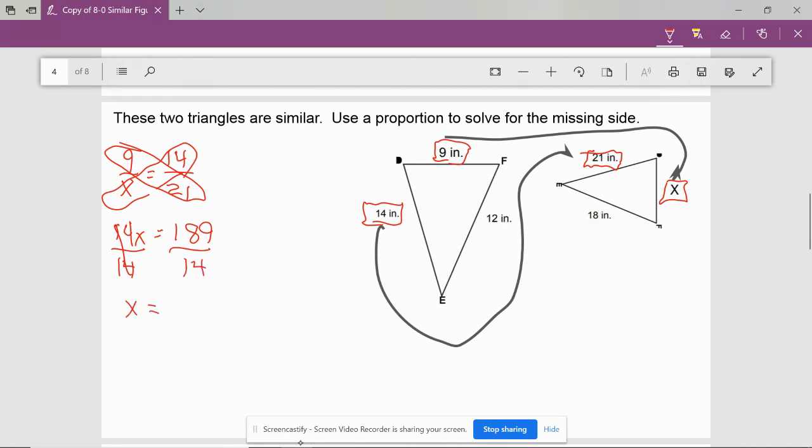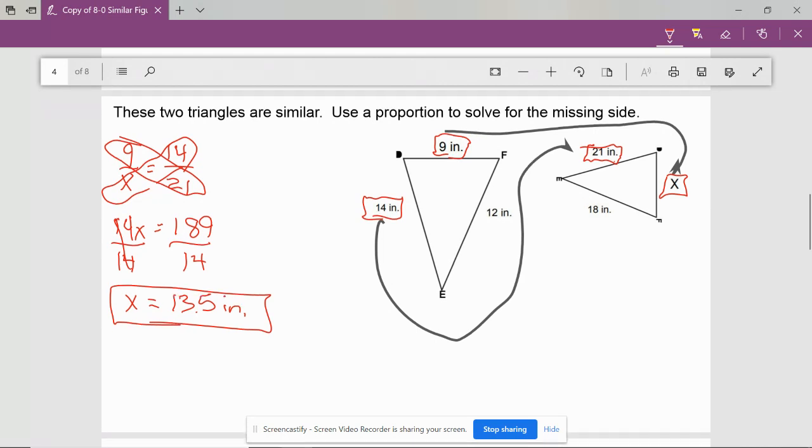So the x side of our triangle is going to be equal to 13.5. And these are in inches, so make sure that we have that on there. So we're solving for the missing side, which is x, and we get 13.5 inches. So that's our answer. That's what you're going to be looking at doing for homework today.